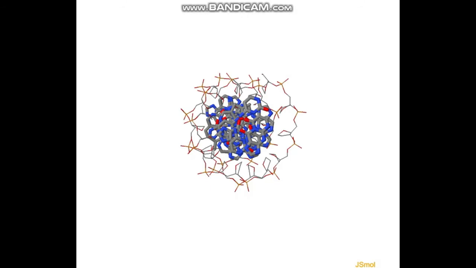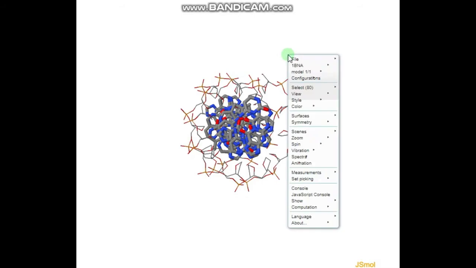Okay, so let's approach this by starting with the folded double helix. So here we're looking down along the axis of the helix, so looking at it end on, if you like. So here are all the base pairs in the middle, and then around the outside, here is the backbone. And what the crystal structure also contains, but what we haven't really focused on so far, are water molecules.